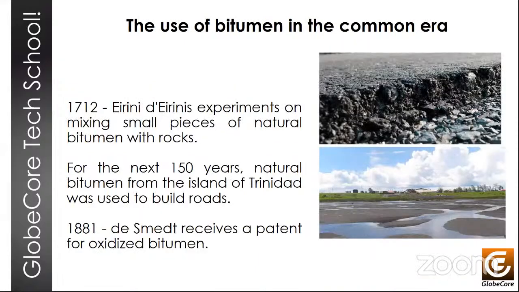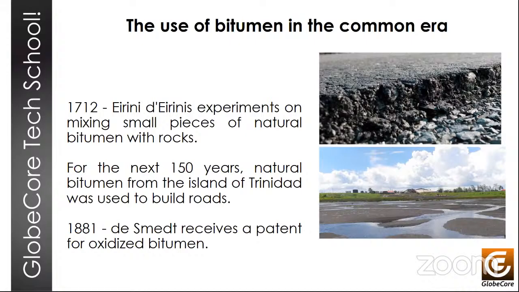Further development of the application of bitumen technologies only began much later in the Common Era. In 1712, Dirigny discovered a bitumen deposit in Switzerland, and he experimented with mixing small pieces of natural bitumen with rocks, and a few years later he presented a thesis called Natural Asphalt Binder. The bitumen used during that time and over the next 150 years was natural bitumen that mostly came from the island of Trinidad.